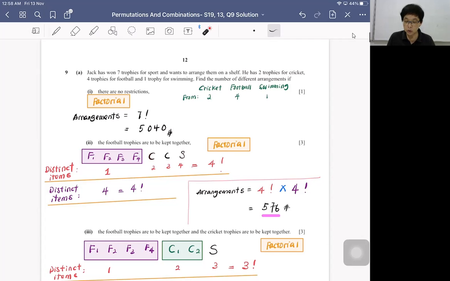He has 2 trophies for cricket, 4 trophies for football, and 1 trophy for swimming. Find the number of different arrangements if there are sections 1, 2, and 3.